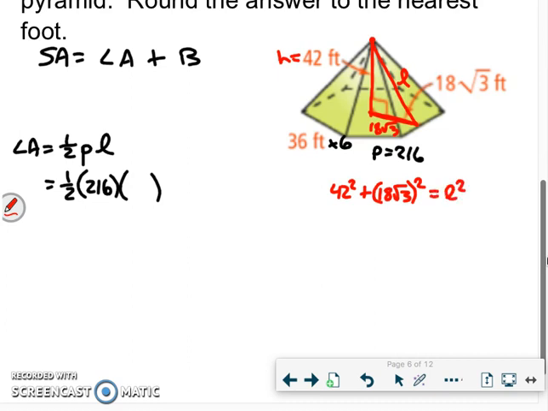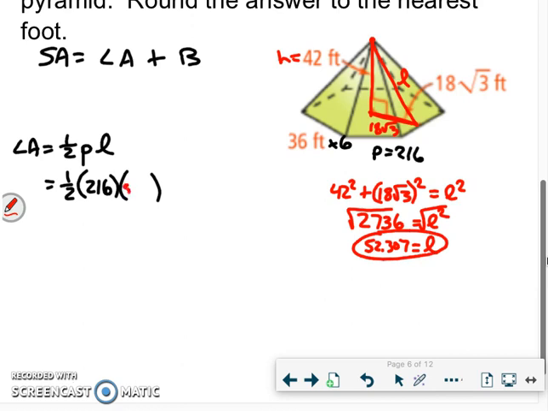What we end up with then is 2,736 equal to L squared once you punch that in. So I can take the square root of both sides to get my slanted height of 52.307 this time. So I needed that number. That's my slanted height.